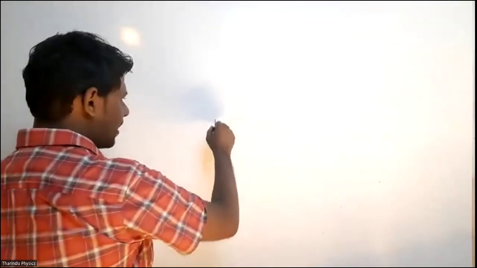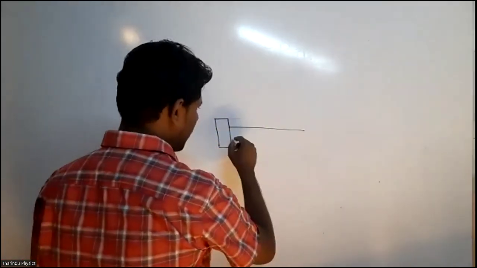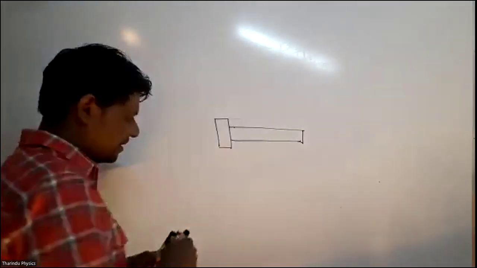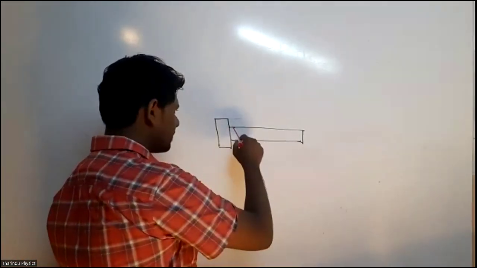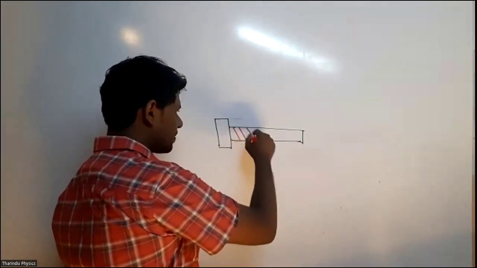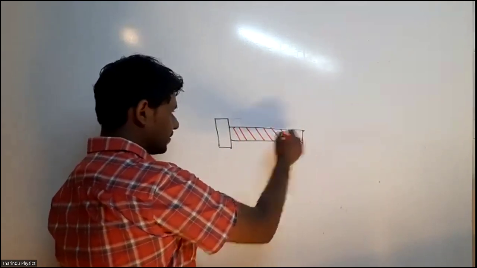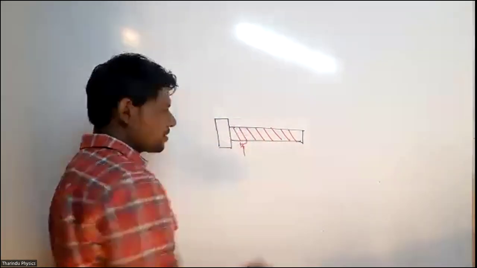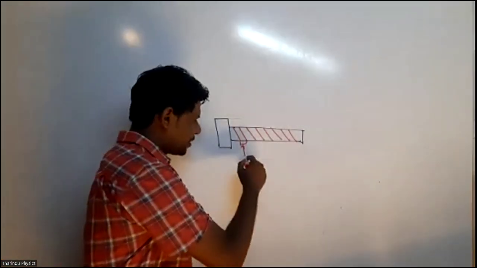Now just have a good look at the screw principle. I told you that there is a screw ball. In the screw ball, there are certain specific lines that we used to call threads. The length between two consecutive threads is known as pitch.